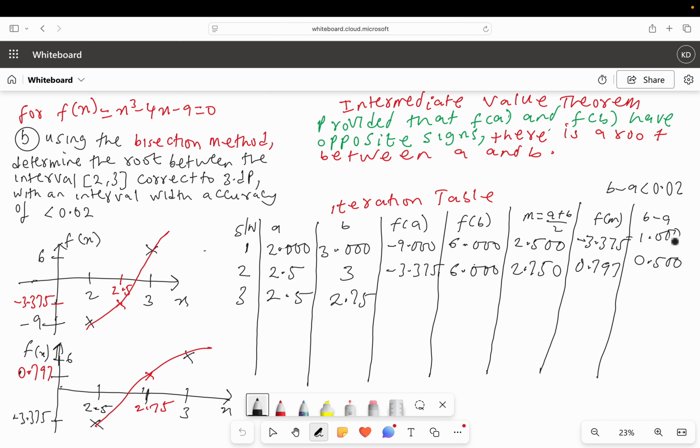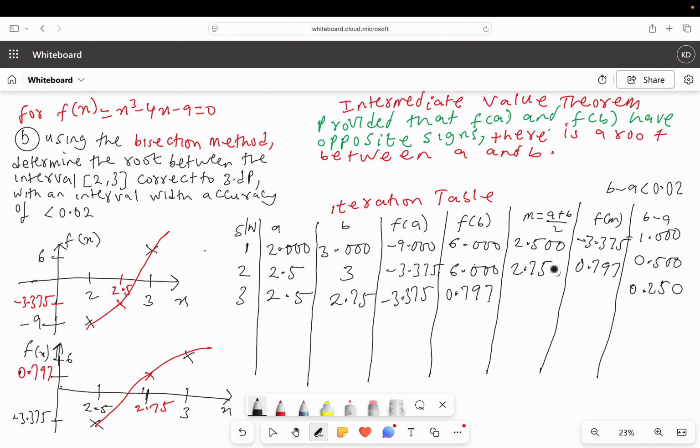So now I have to test my iteration condition. 2.75 minus 2.5 will just give me 0.250. So I have not met my condition, so I have to continue. f of a will just be equal to minus 3.375, and my f of b will just be 0.797.